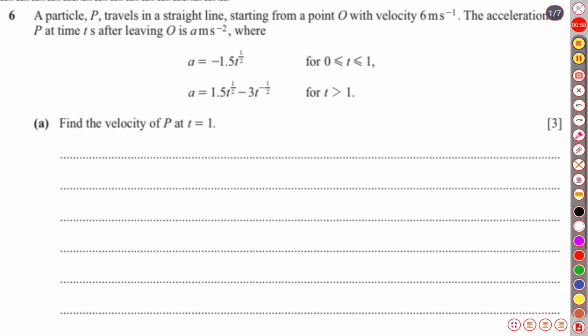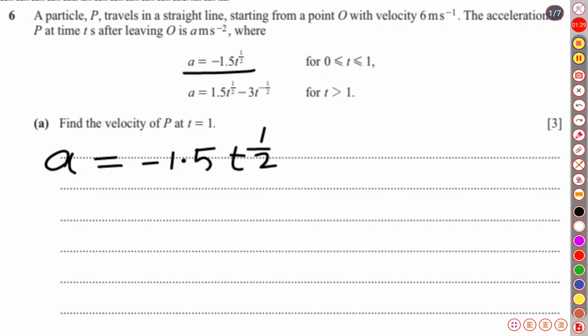Well, in the question, acceleration has been given and we are to find the velocity. And for finding velocity, if we want to convert back from acceleration to velocity, we just do integration. So let's integrate the first expression. Acceleration is given as negative 1.5 t raised to half.